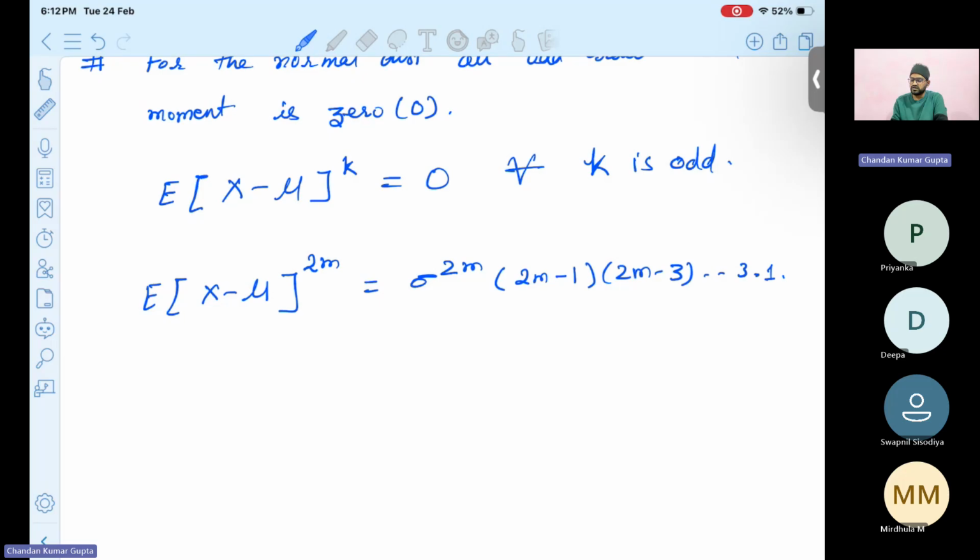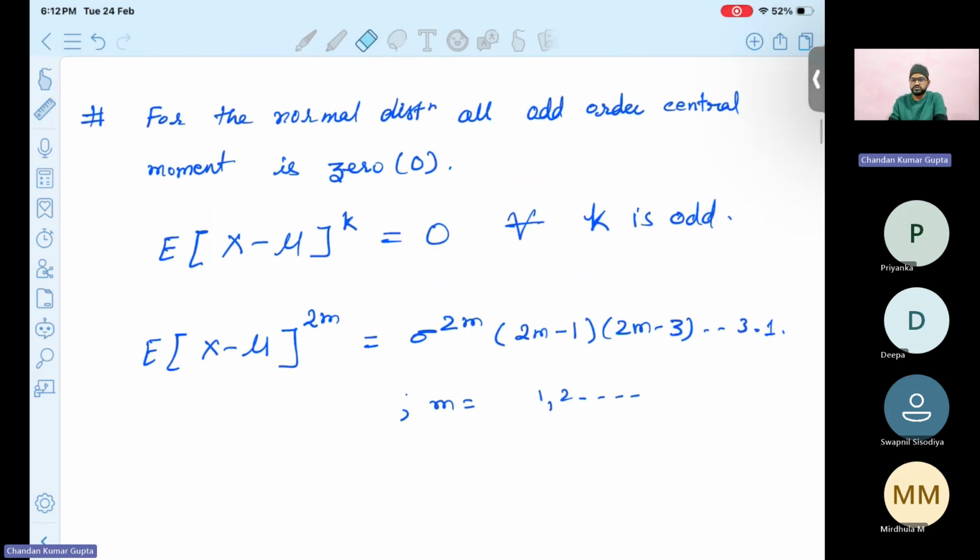This is the even order central moment for m equal to 1, 2, 3, and so on. So this is the property for the normal distribution, that all odd order central moments are 0 and even order has a specific form which is given here.